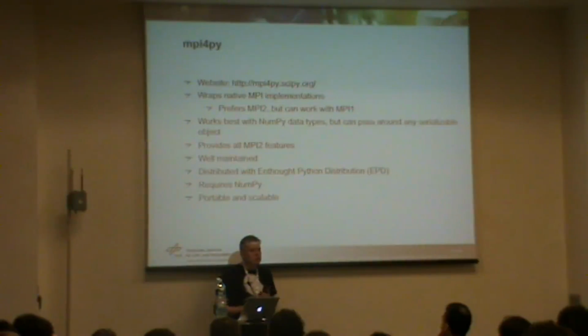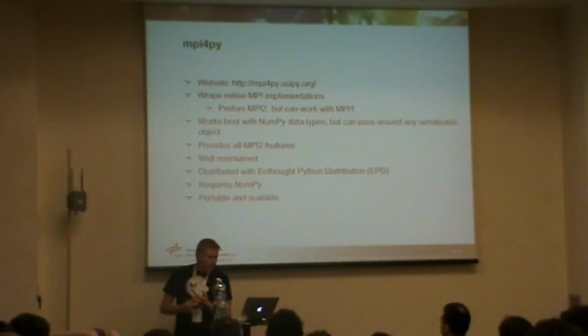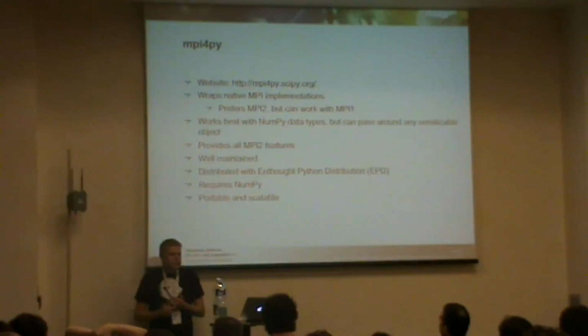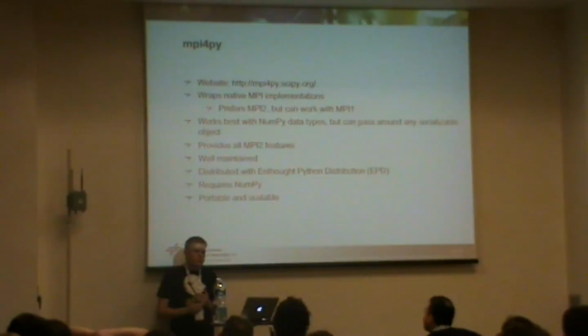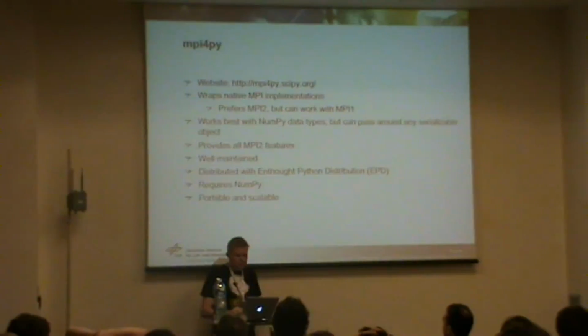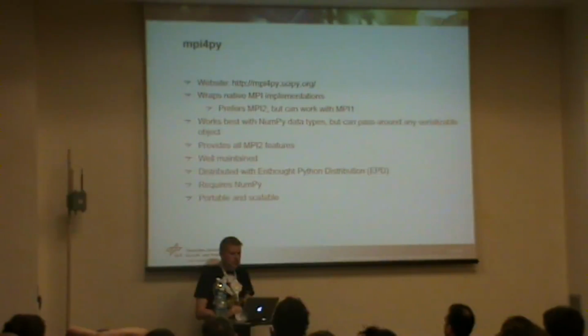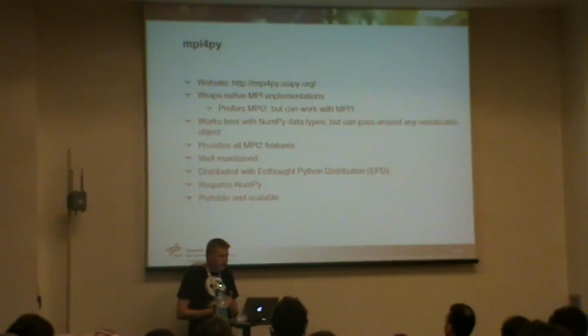Like MPICH from our national lab. MPI for Python is a wrapper around this native MPI. It works, for example, also with NumPy data types. It provides features of the MPI-2 specification.